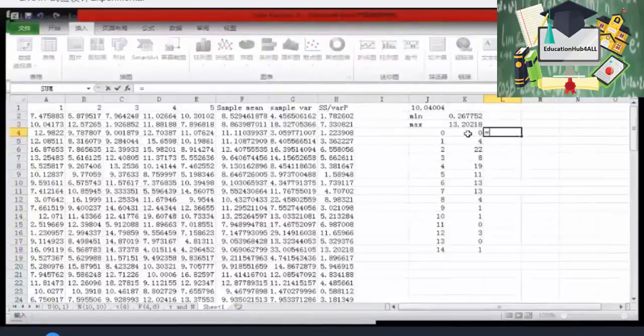We want the percentage, so just divide by 100.